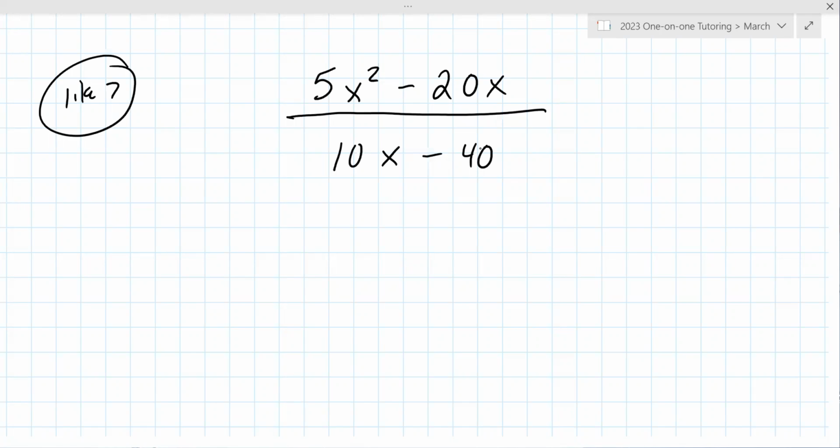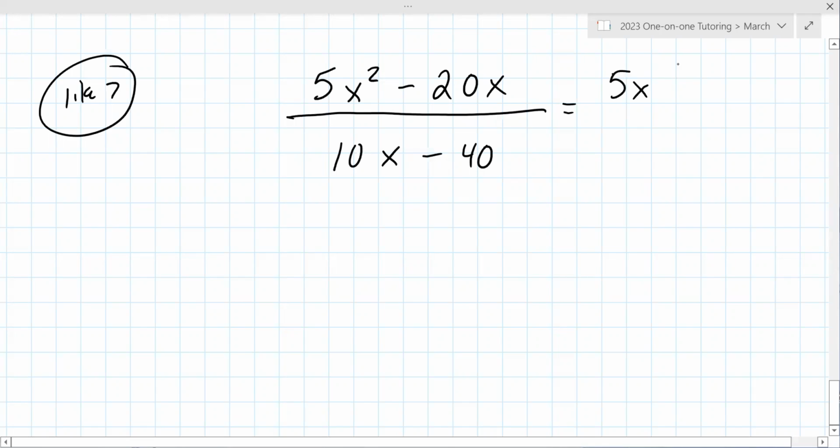Okay. So 5 on the top, 5x in parentheses, x minus 4. Good. And on the bottom, 10 in parentheses, x minus 4. Okay, good start.